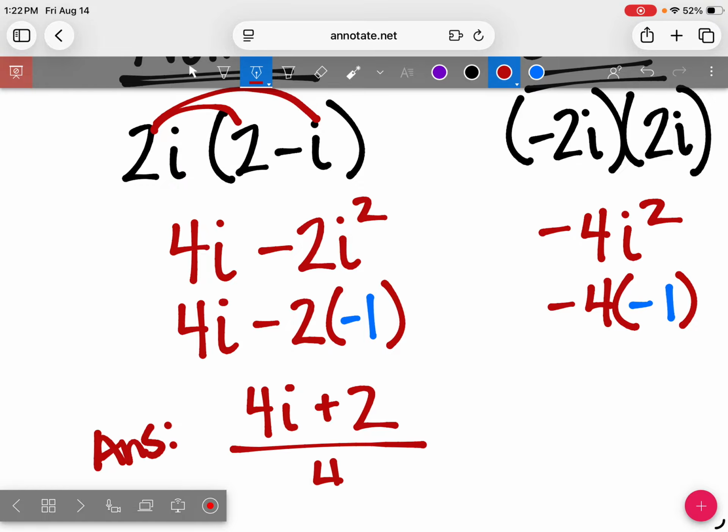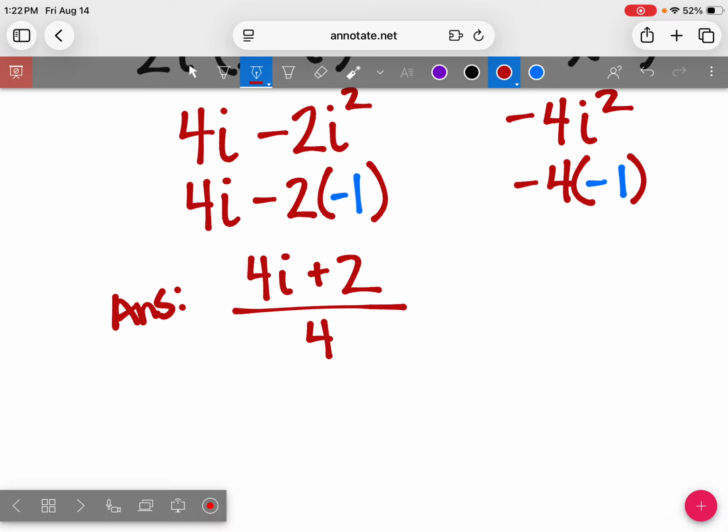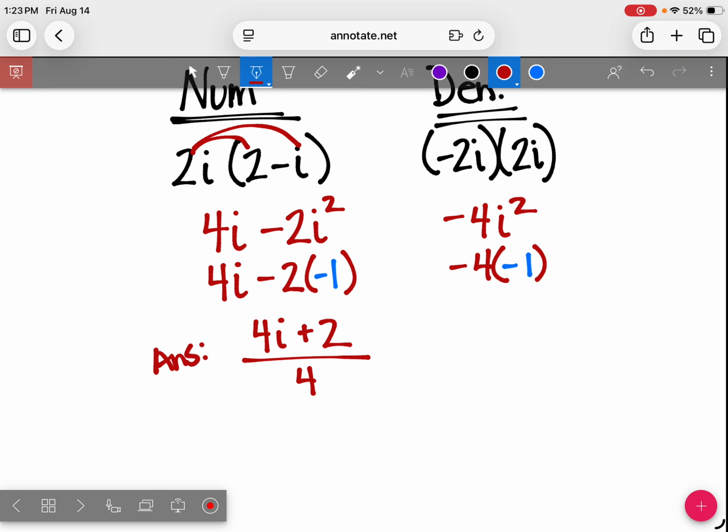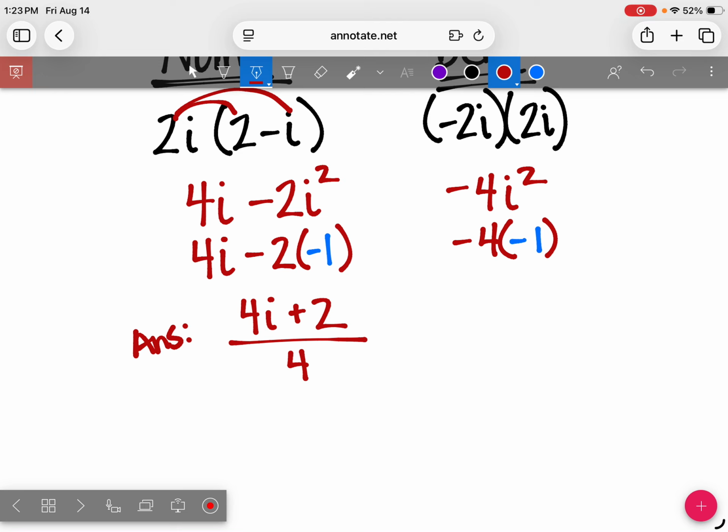So if this was on the test and it's worth 4 points, I'm so proud of you. You did so good, but I'm only going to give you 3.5. Why am I taking off a half a point? Because you can reduce. When you can, you should. Now, the last one, which I erased, couldn't reduce because we had a 5 and a 7 and a 2.